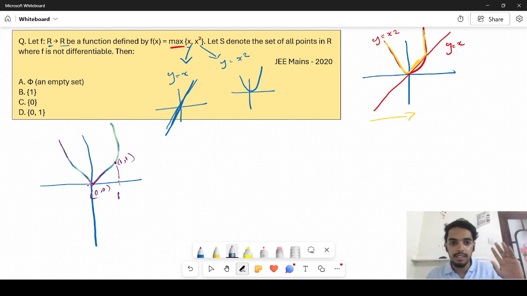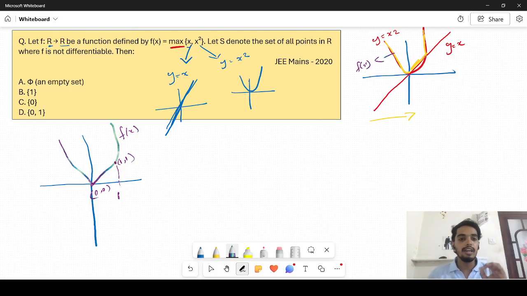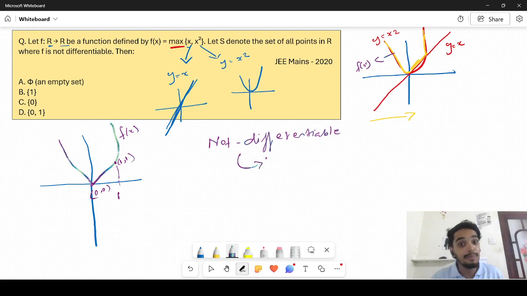Got it. Now tell me, this is the function which is f of x, this yellow one. Now tell me where this function is not differentiable. We have learned that not differentiable means what?